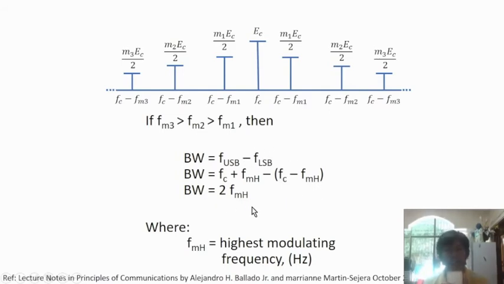So this becomes 2 FMH. This bandwidth, BW, is equal to 2 FMH, and this represents our simultaneous modulation bandwidth. FMH stands for the highest modulation frequency in Hertz units.